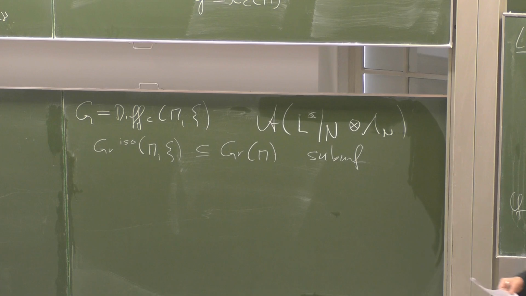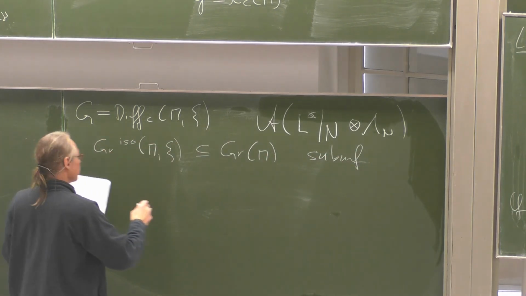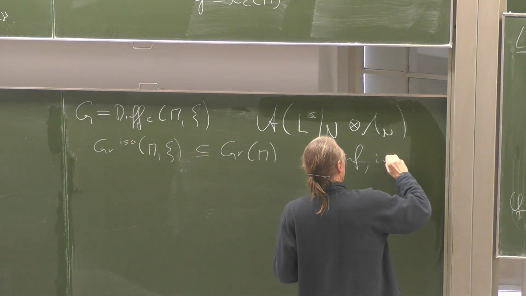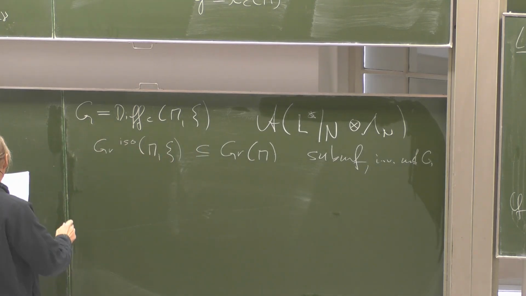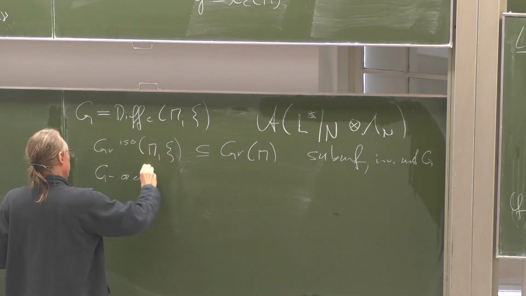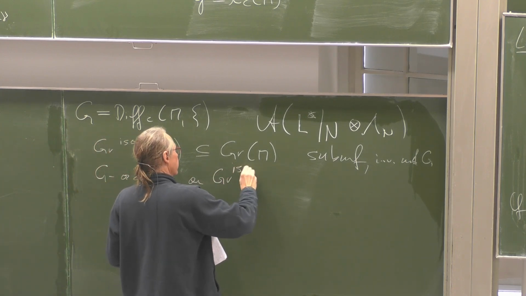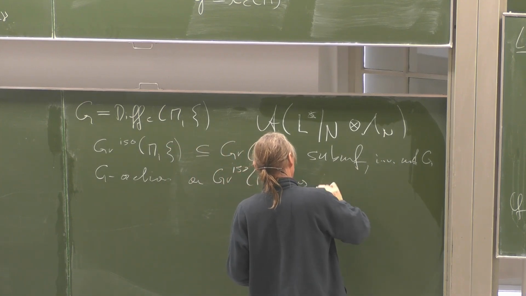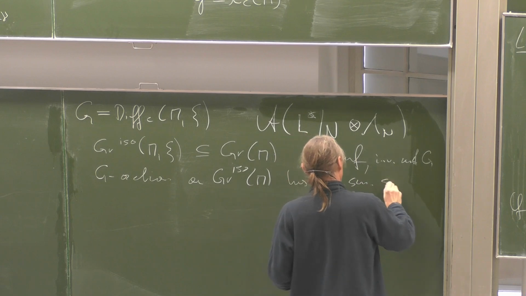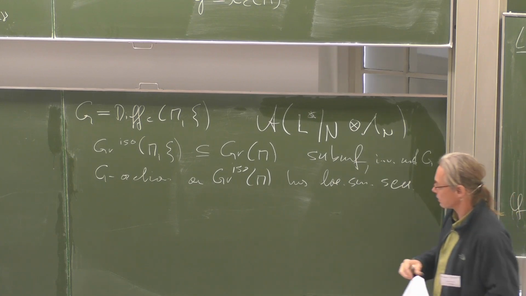Using that, it's easy to see that this is an infinite dimensional submanifold, and the G action, certain invariant under G. But in this case, the G action on this isotropic Grassmannian has local smooth sections. Particularly it is locally transitive and infinitesimally transitive, but it even has local smooth sections.